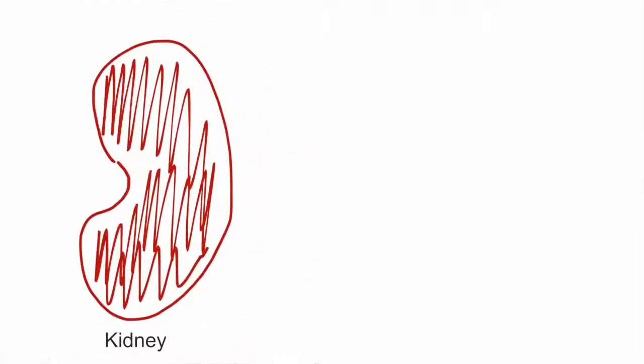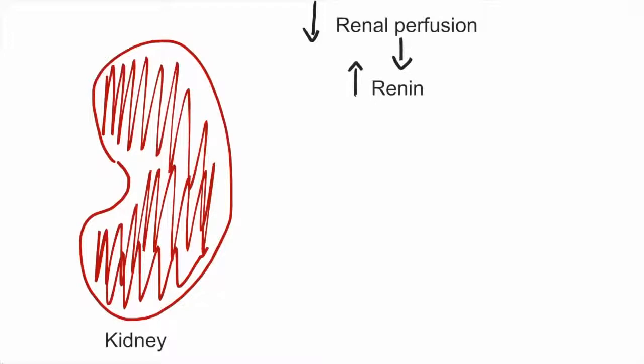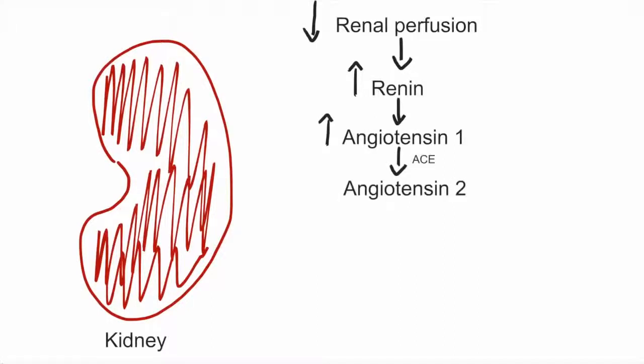So now let's talk about the effects of decreased renal perfusion in the kidney. When renal perfusion is decreased in the setting of low cardiac output, this leads to an increase in renin production. The increase in renin production then leads to an increase in angiotensin 1, and then after conversion by the ACE enzyme leads to an increase in angiotensin 2.